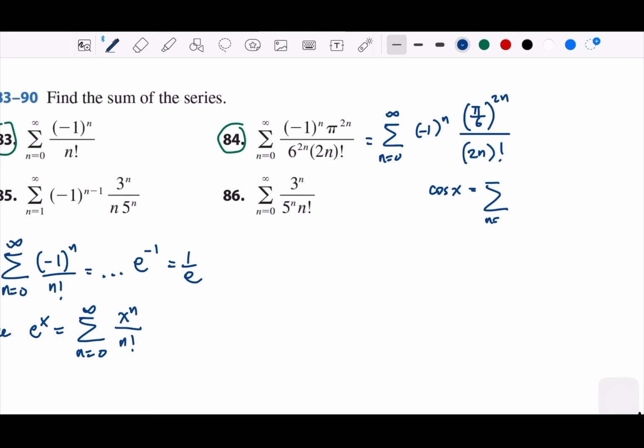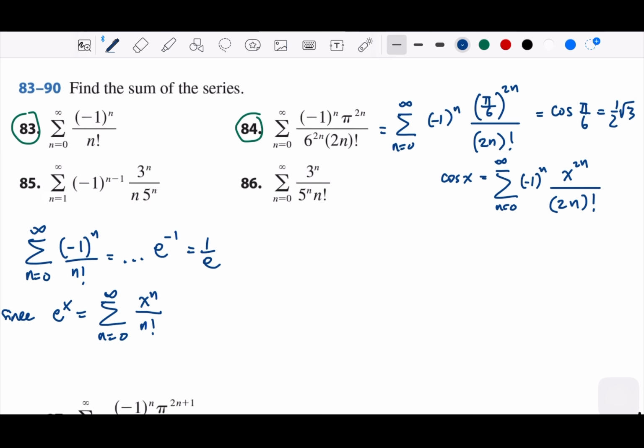This is the sum. So this will be cosine pi over 6, which is half square root of 3. You can try 85, 86 if you want.